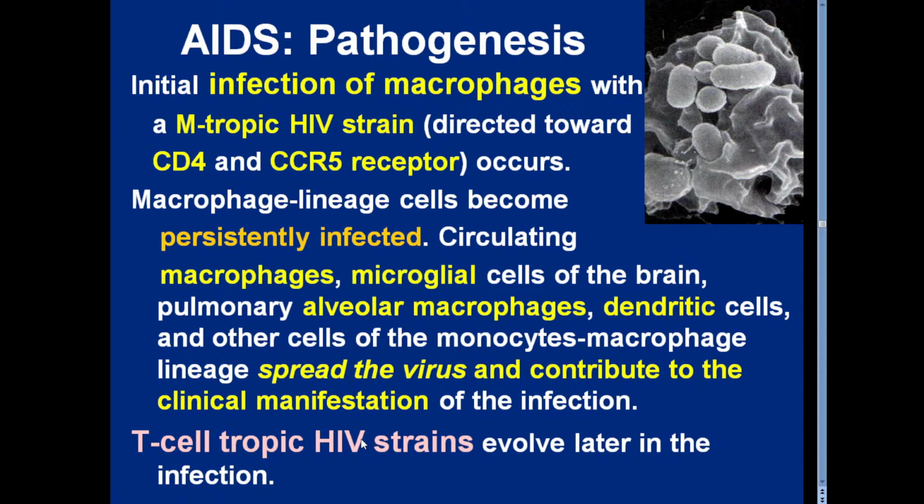Circulating macrophages, microglia cells of the brain, pulmonary alveolar macrophages, dendritic cells and other cells of the monocyte macrophage lineage spread the viruses and contribute to the clinical manifestations. In other words, these cells spread and transfer viruses to different organs and tissues. Later, T-cell tropic HIV strains become involved in the infection.